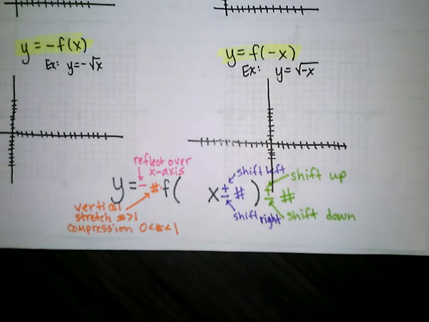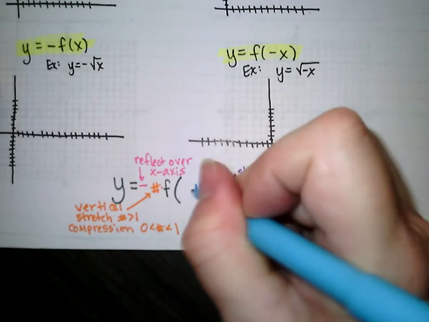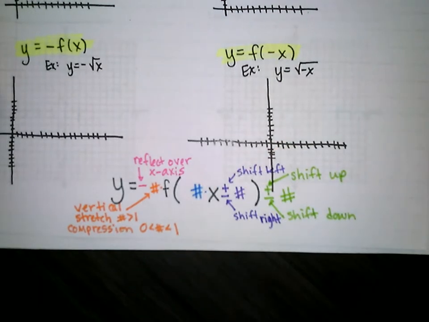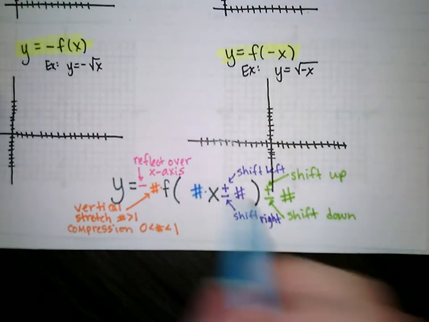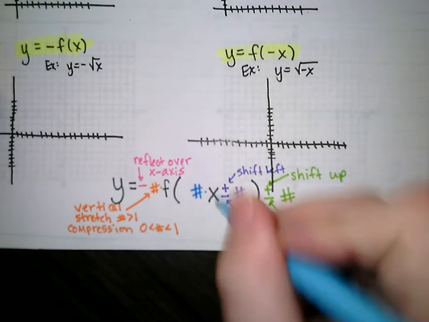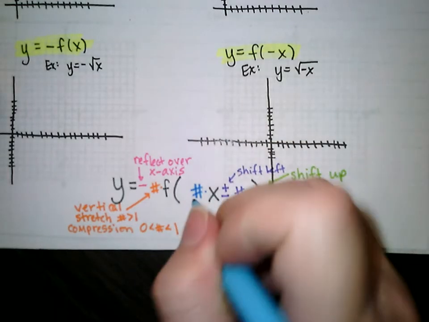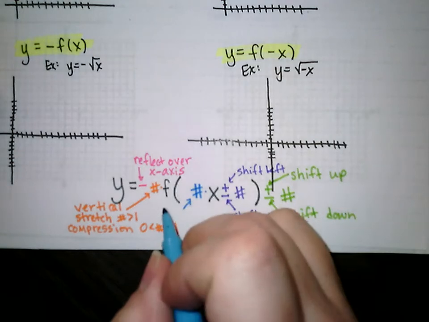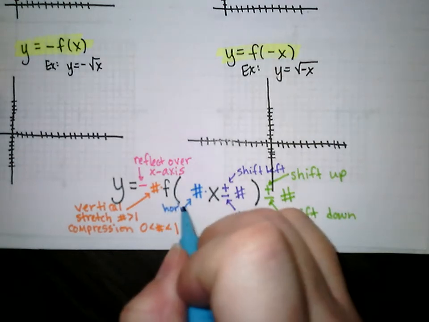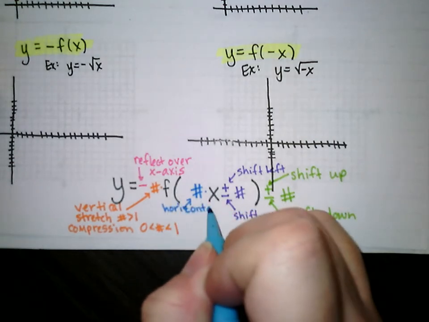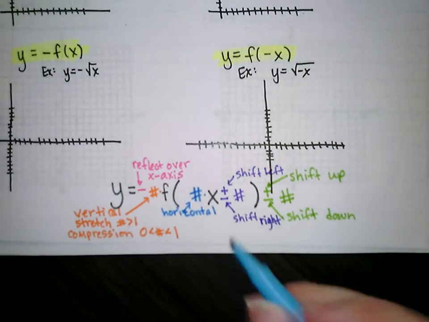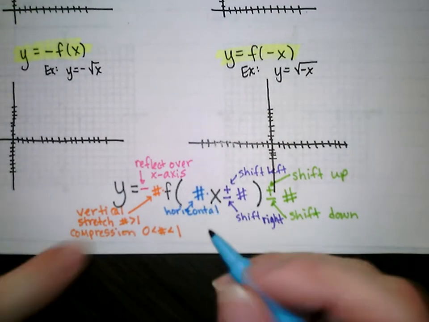The last one we have to talk about here before we get started on our examples is if we have a number multiplied by the x inside the parent function. And that is going to give us a horizontal stretch or compression. But remember that anything that's inside does the opposite thing that you would think of.